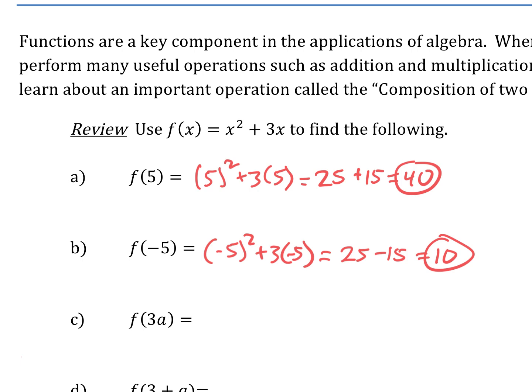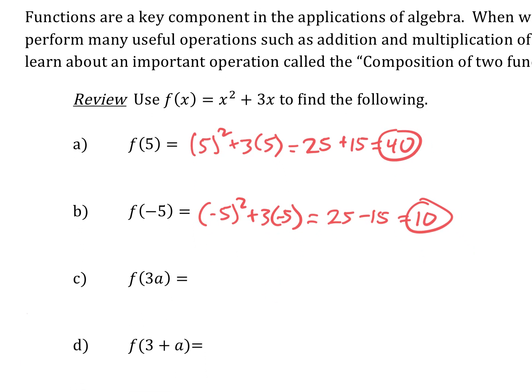Well, can we put something like 3a in? Let's see what happens. A variable just represents a number. So 3a could be 5, it could be 6, it could be lots of numbers because we don't know what a is. But we can still substitute the same way, because the function says we have blank squared plus 3 times blank, and in the blank we're going to put our 3a.